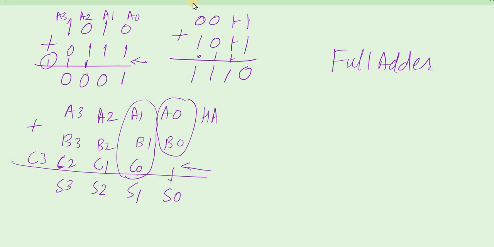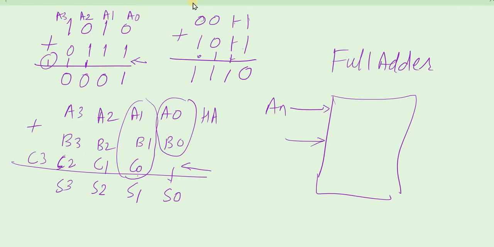The full adder has a block diagram in which it adds An, Bn, and Cn minus 1. Suppose n is equal to 1, then A1, B1 and C0; then A2, B2 and C1, because the carry is coming from behind. It will generate the outputs Sn and Cn, which is to be used next. So this becomes the block diagram of the full adder.